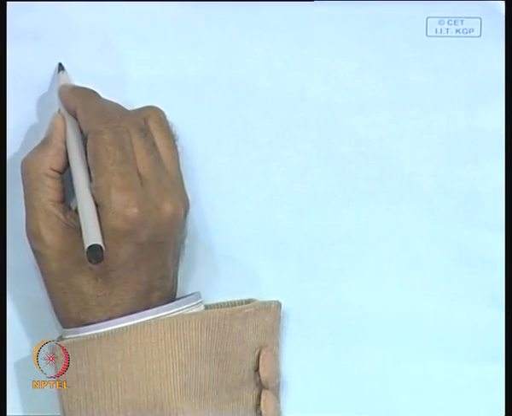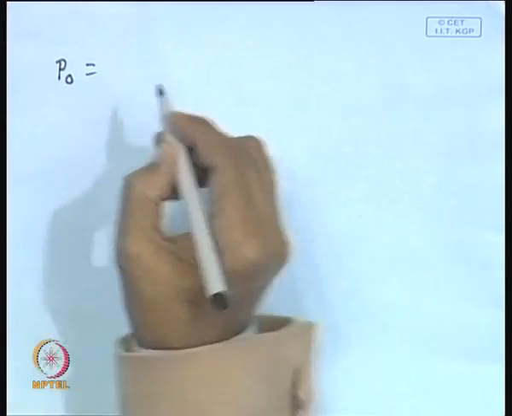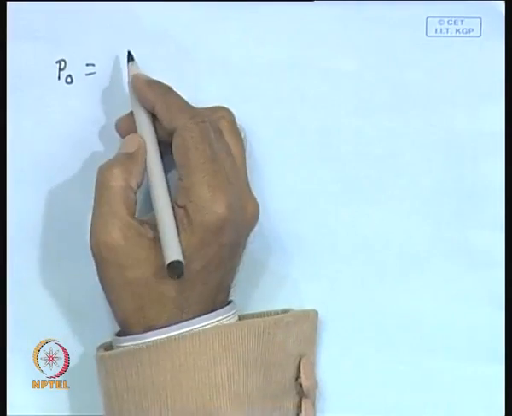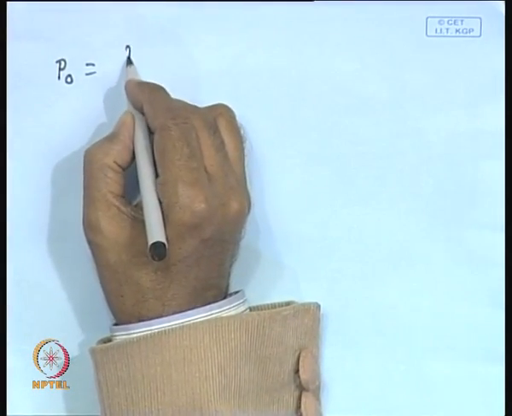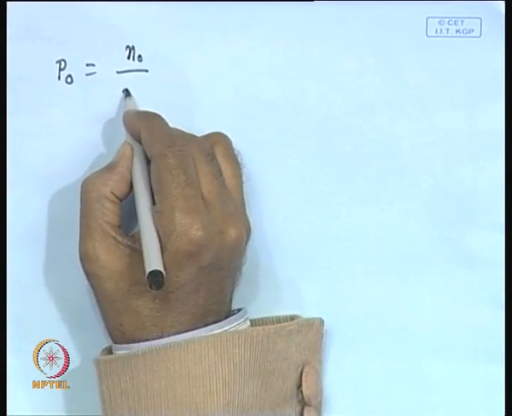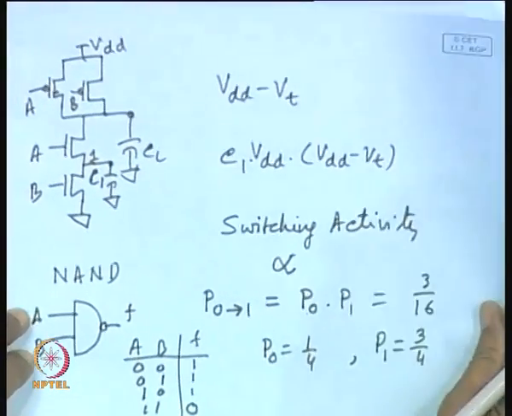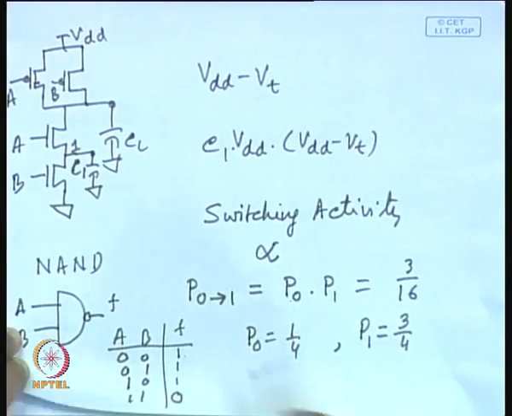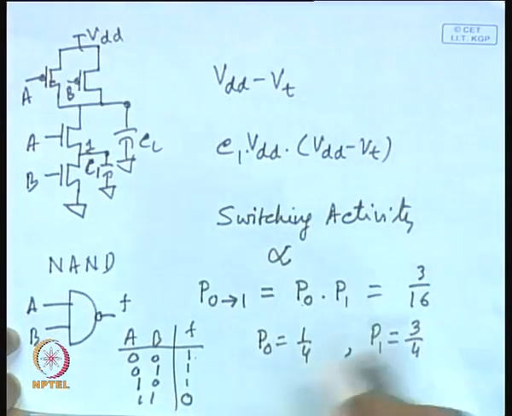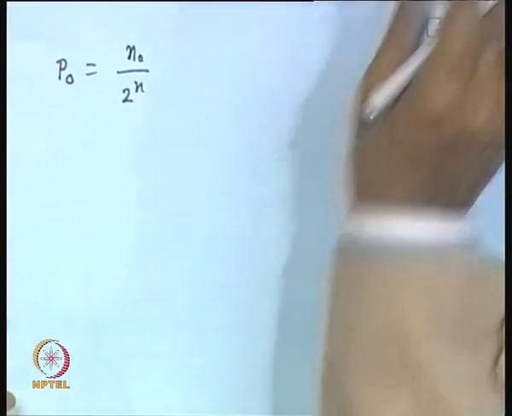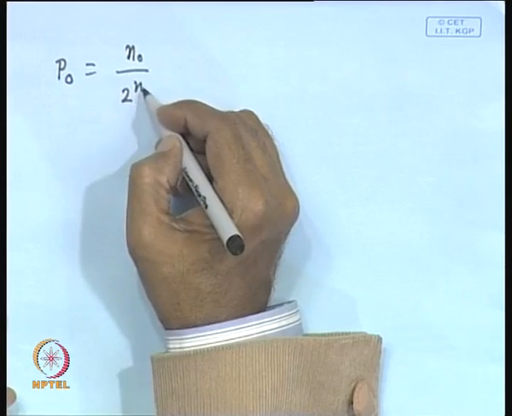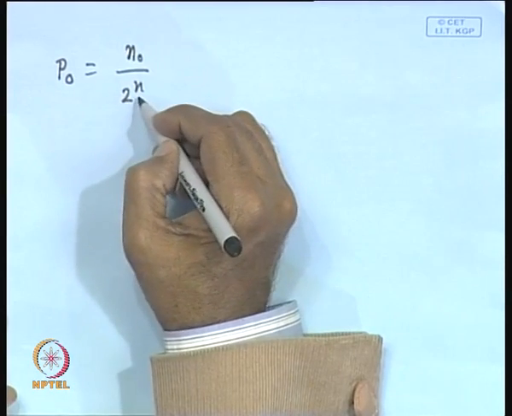Suppose P0, the probability that the output will have the value 0, is equal to n0 by 2 to the power n, where n0 is the number of zeros in the truth table. You see, we write a truth table, and take the number of zeros in that truth table by the total number of combinations.